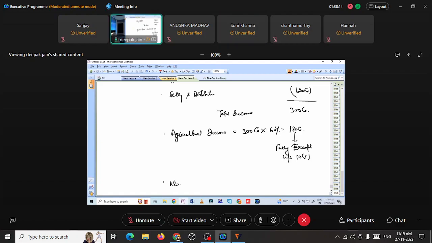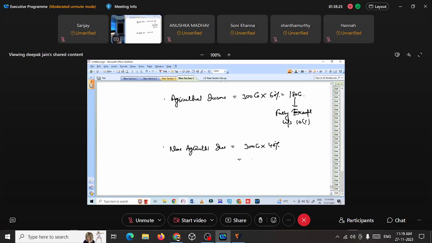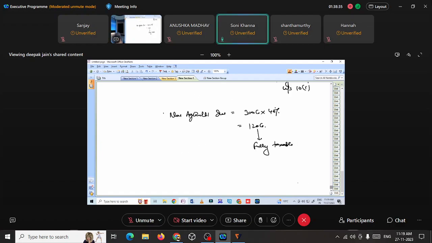And what is the share of non-agricultural income? 120 crore. Treatment: fully taxable.